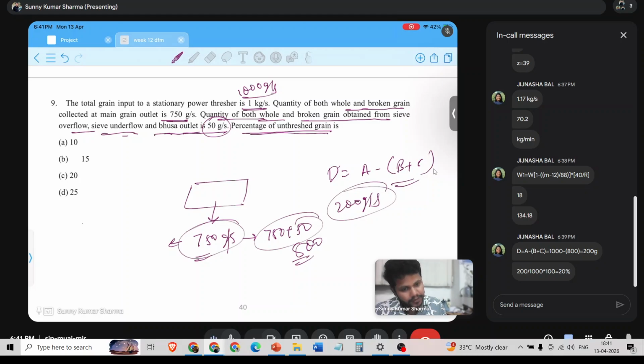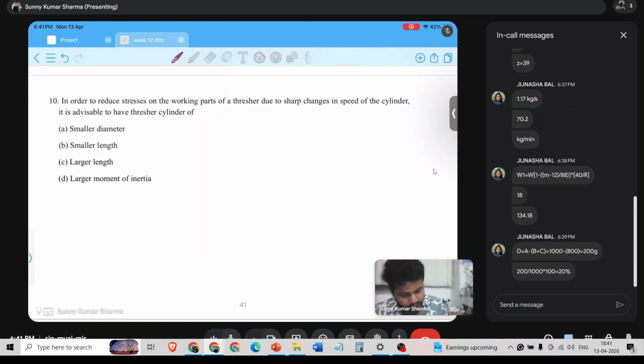So unthreshed ratio will become 200 by 1000, which is 20%. So C is correct. Next question is, in order to reduce stresses on working parts of the thresher due to sharp changes in the speed of cylinder, it is advisable to have thresher cylinder of.